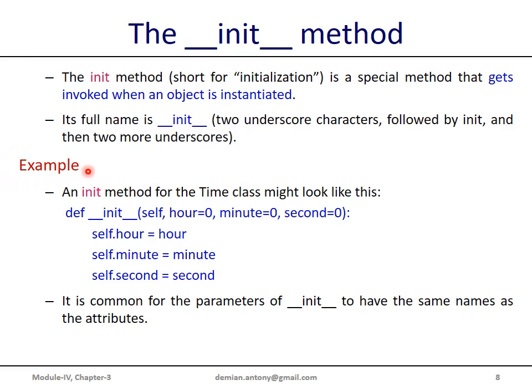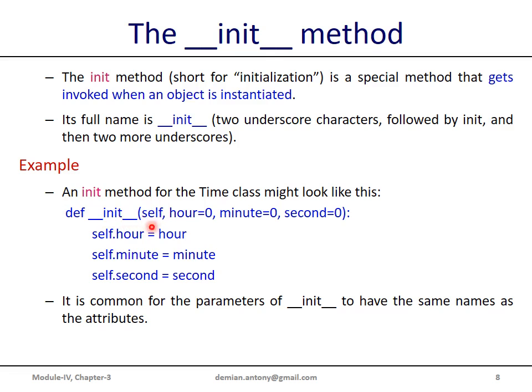We'll take up one example to illustrate the use of init. So let us define init for the time object to create the time object with default values 0, 0, 0. So we define a method __init__.